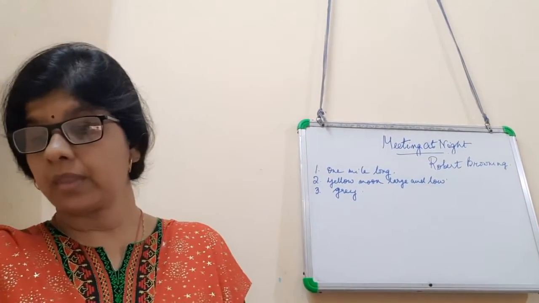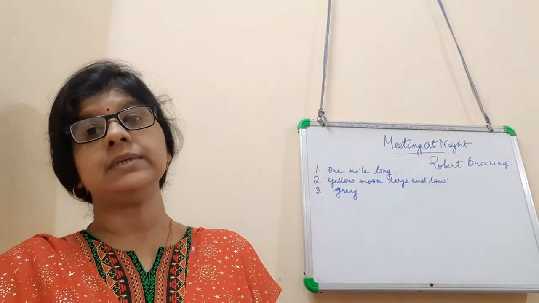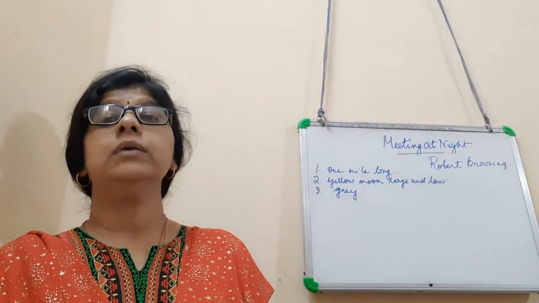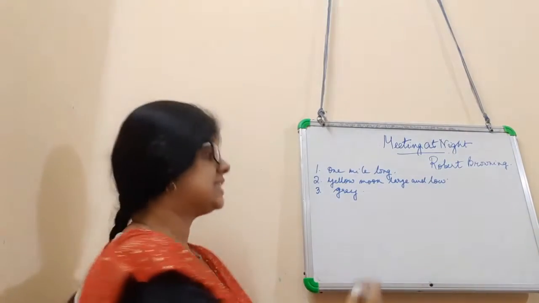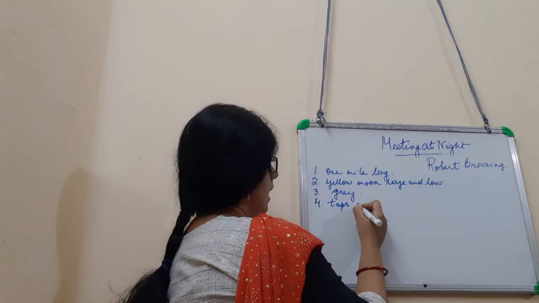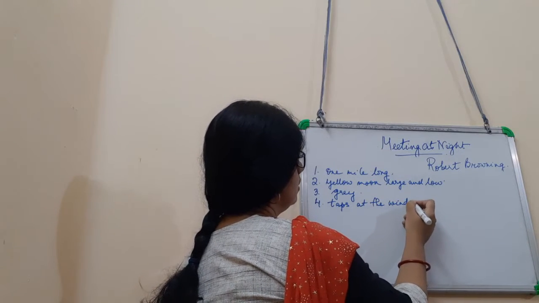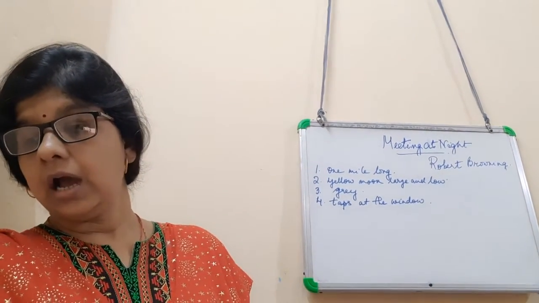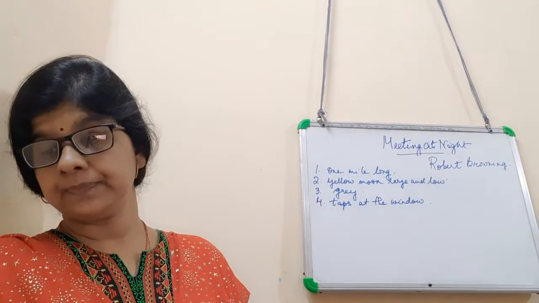Then what does the speaker do immediately after he reaches the house in Meeting at Night? Here house means the house of his lady love. The speaker taps at the window or taps at the pane immediately after he reaches the house of his beloved.